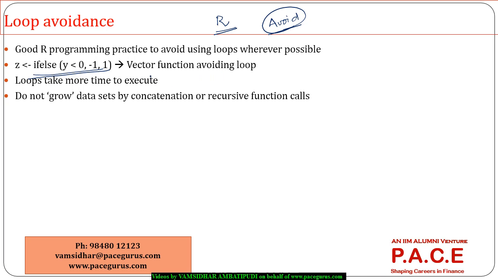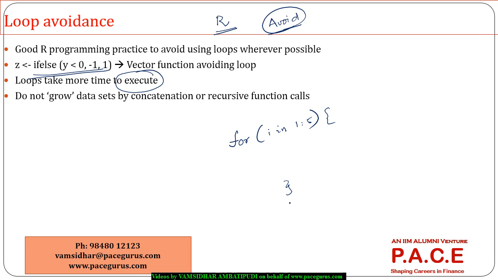Because the loops typically take more time to execute, and that is where you will lose the performance of the system quite drastically. However, in some cases you can't avoid them, so that's the reason we really need to be aware of how to use the three major kinds of loops. Probably even if one of them is there, it should be sufficient. The for kind of loop is easier. For i in something, execute a series of steps.